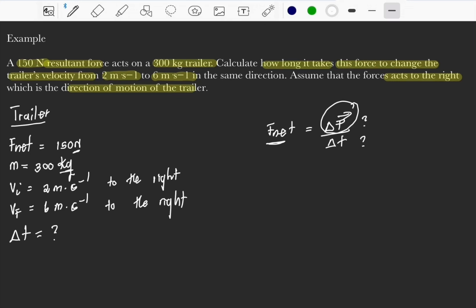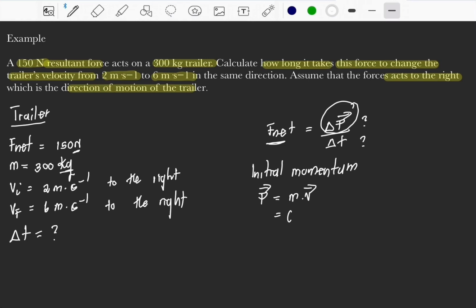So we know that momentum is always conserved, right? So what we can do is find the initial momentum. So let's write it, initial momentum. Initial momentum is equal to mass multiplied by velocity.